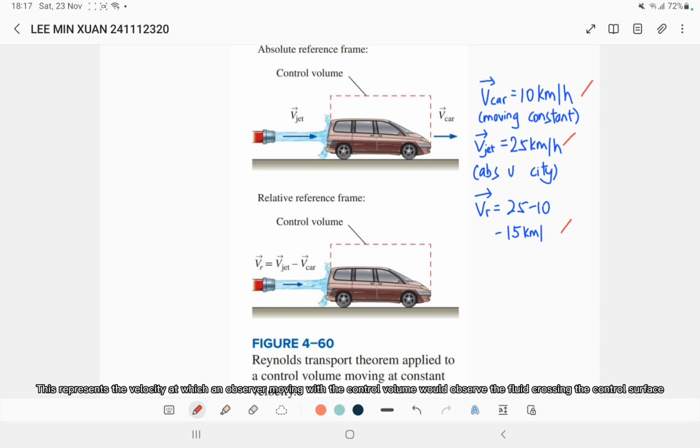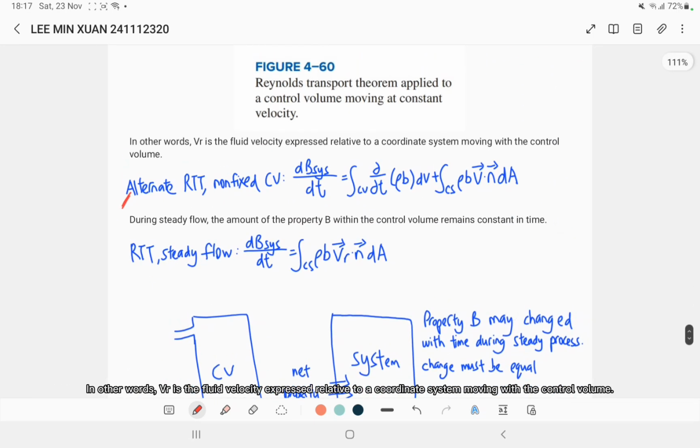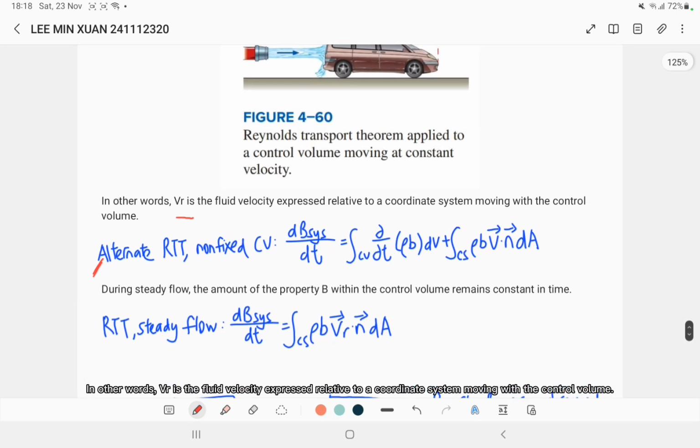This represents the velocity at which an observer moving with the control volume would observe the fluid crossing the control surface. In other words, the VR is the fluid velocity expressed relative to a coordinate system moving with the control volume.